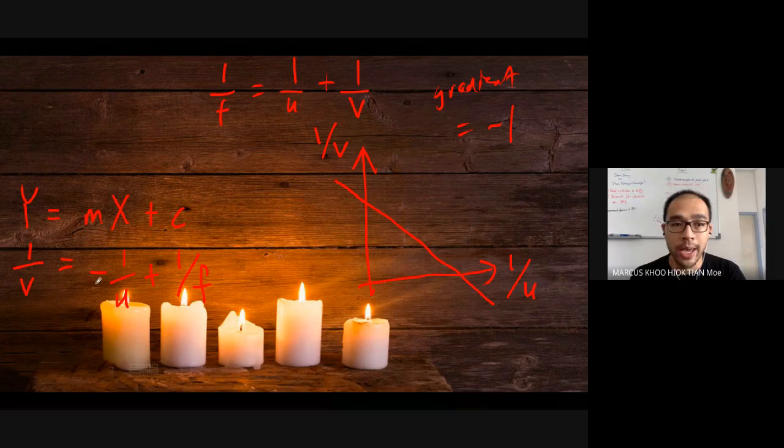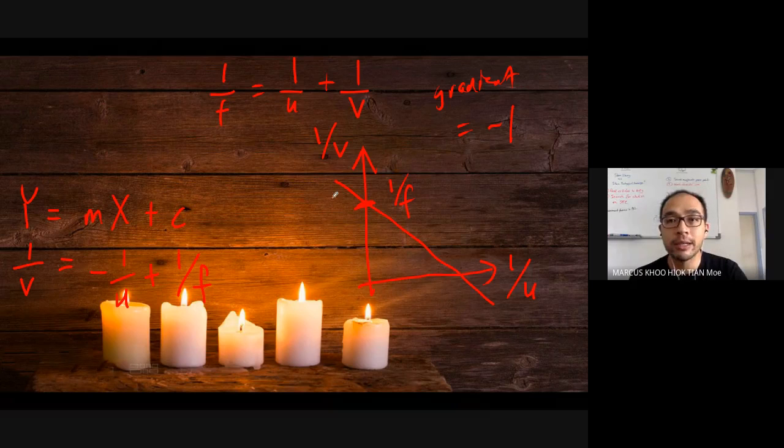Y equals mx plus c, and this value over here is 1 over f. I can use this y-intercept to find the focal length. So this value equals 1 over f, so I can find the value of f using the graphical method.